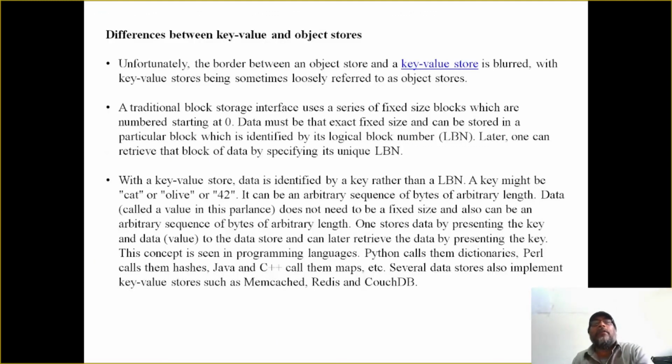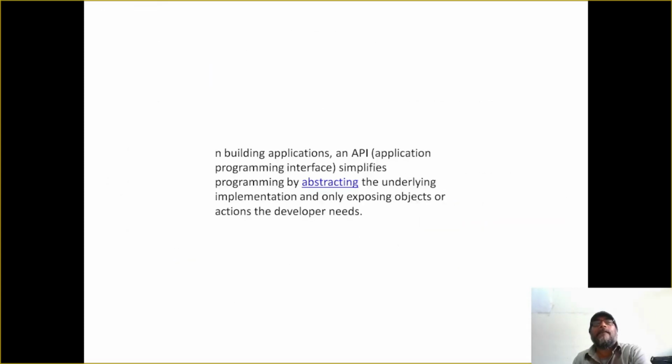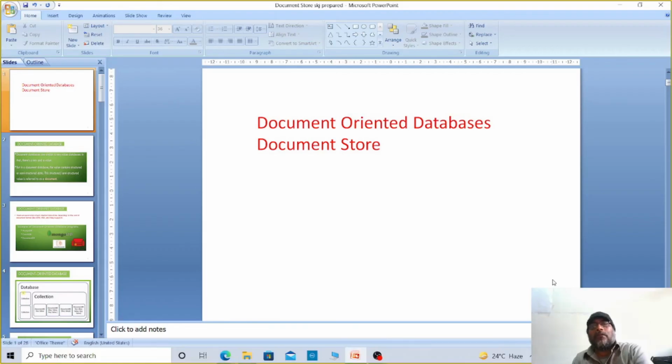Now, if we try to compare this document store, this is an object store. Okay, this is not, but an object store also has similarity with key value. So we will discuss that in a later class. So two document data stores you should be familiar with how to use.